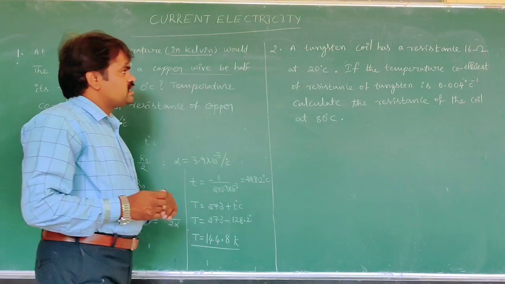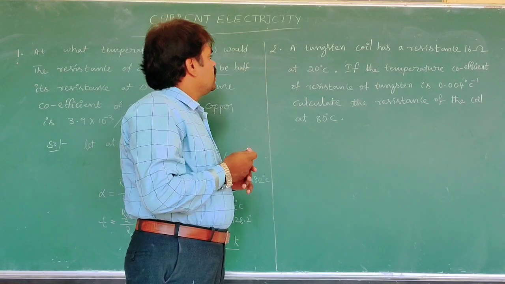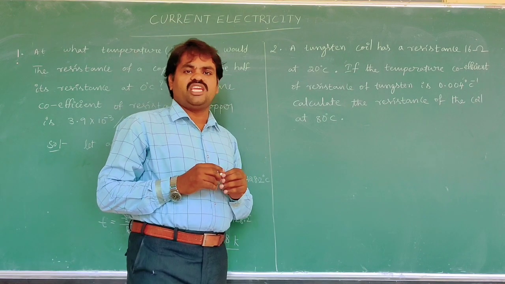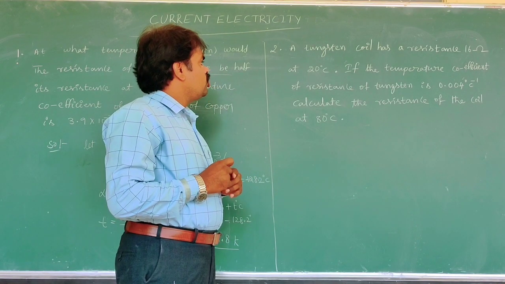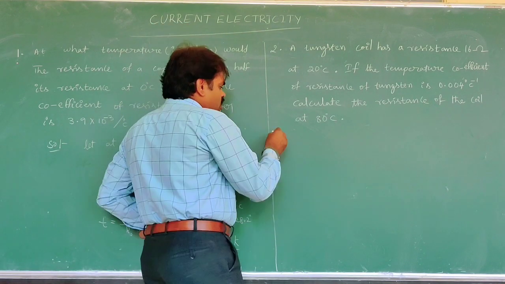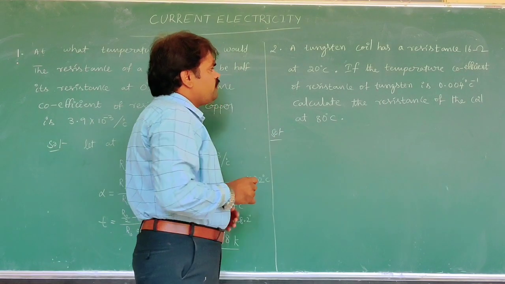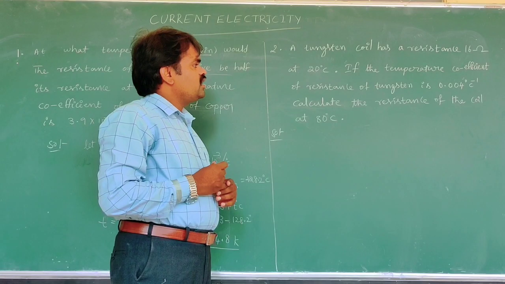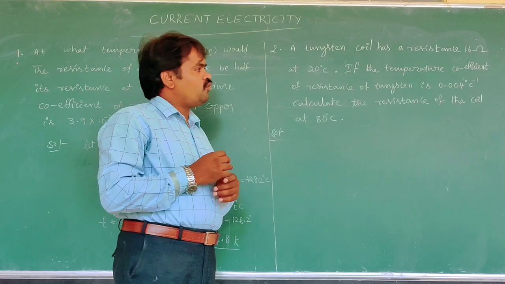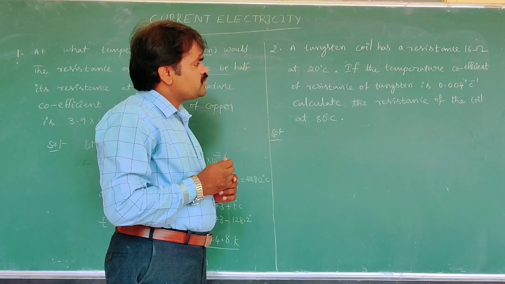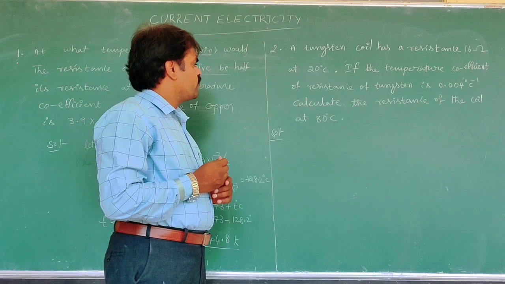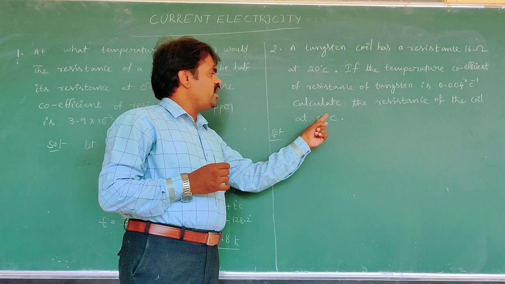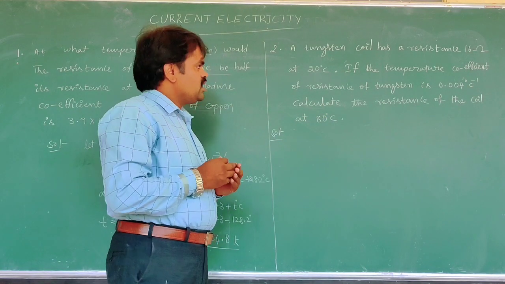Now going to discuss the second problem. A tungsten coil has a resistance of 16 ohms at 20 degrees Celsius. If the temperature coefficient of resistance of tungsten is 0.004 per degree Celsius, calculate the resistance of the coil at 80 degrees Celsius.